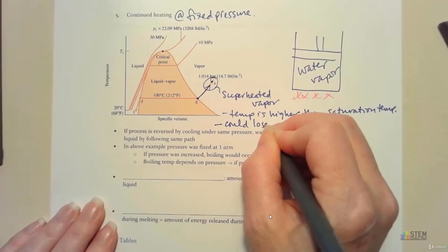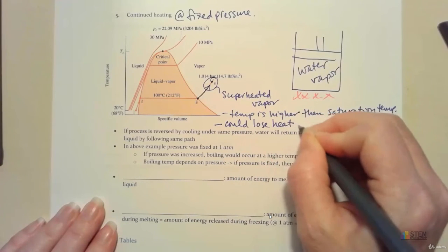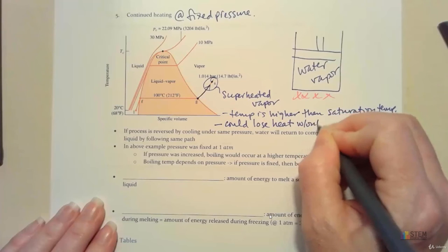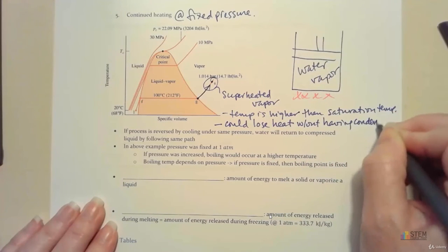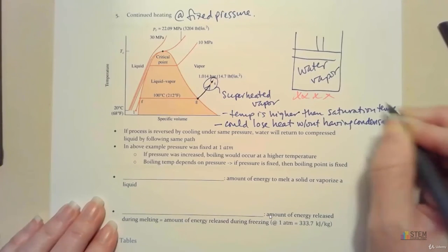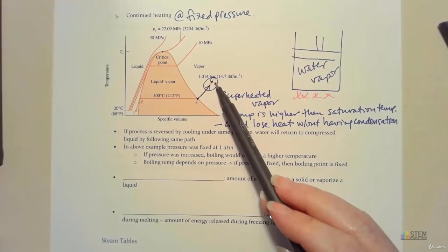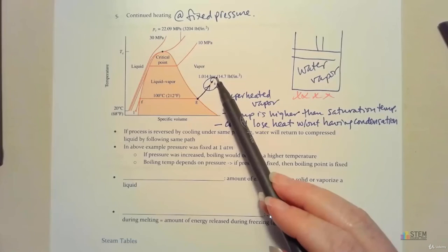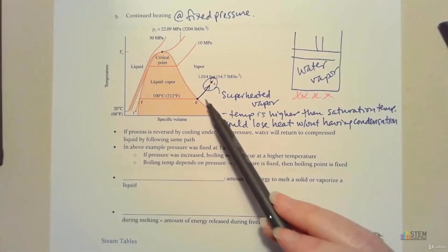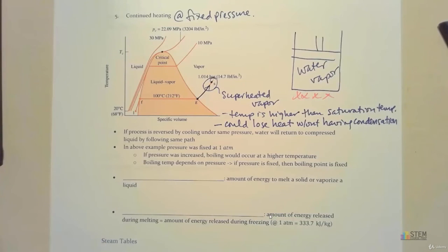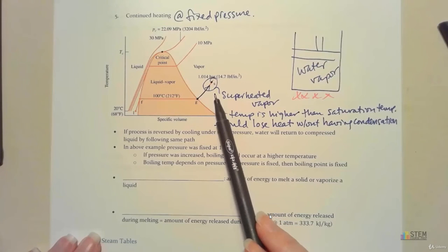So let's just put could lose heat without having condensation. All right, so it's not about to do a phase change at this point because we've added enough heat, temperature's high enough above this boiling point where you could lose some of it and you're not going to return to liquid water. Okay, so this is superheated vapor.